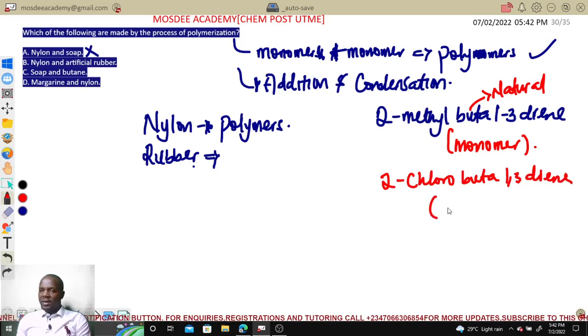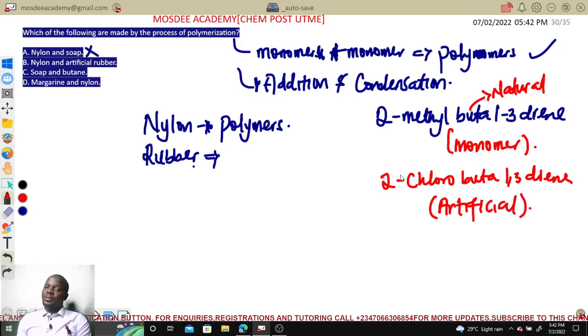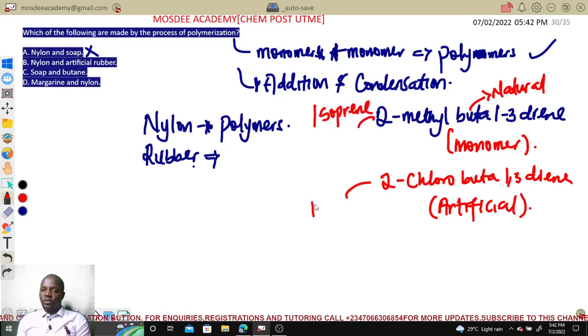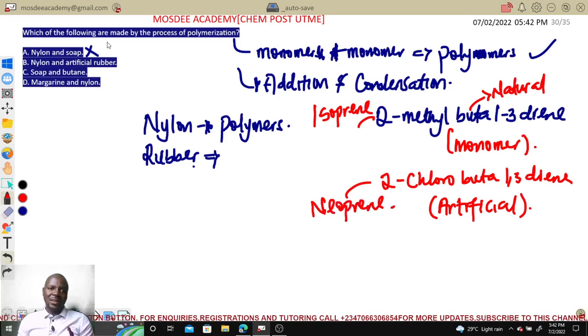Sorry, I'm rushing, guys. So these are the monomers. This one is called isoprene, it's important to know, and this one is called neoprene. So these are just short things you can learn here. So this is the answer. I don't need to go for any other thing.